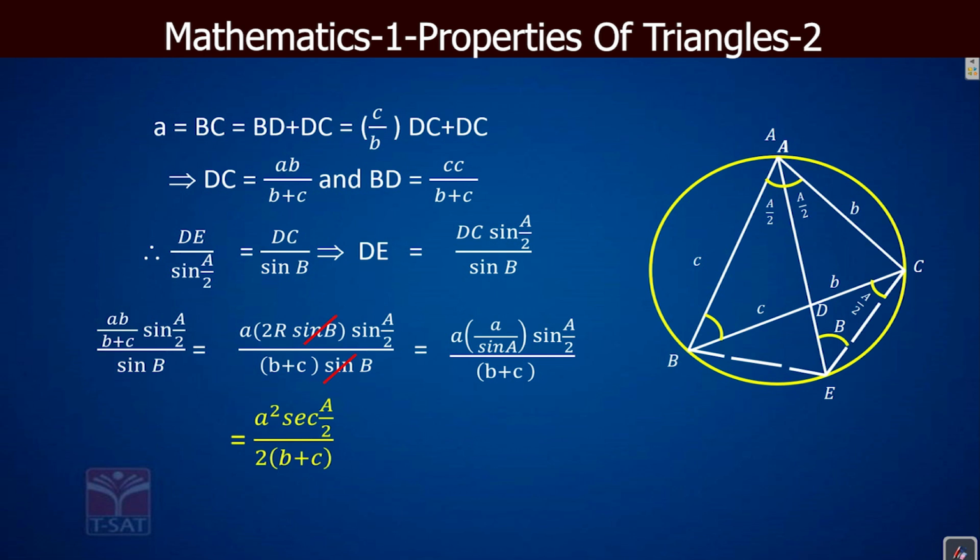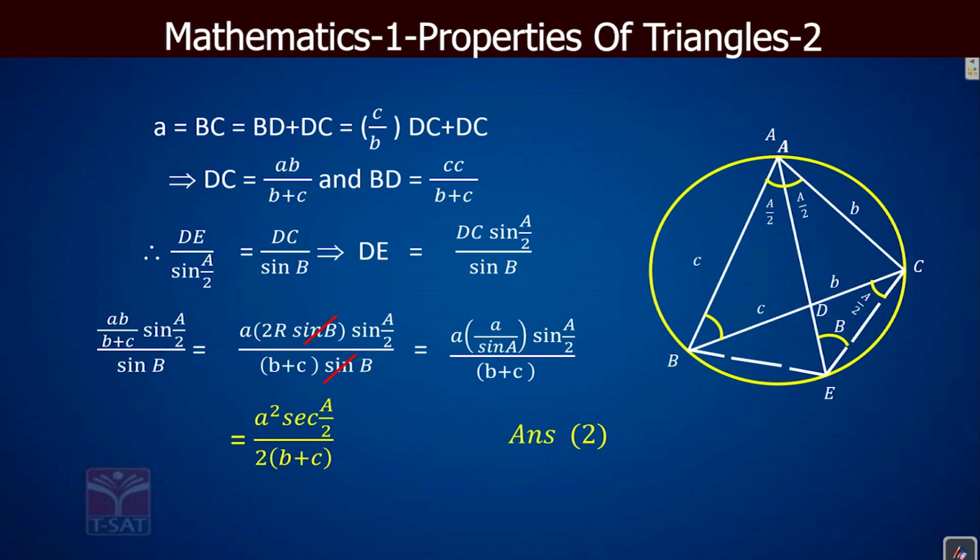That is the length of DE. DE means the segment between the side and the circle, where AD, while extended, meets the circumcircle. So DE is nothing but a square secant A by 2 by 2 into b plus c.